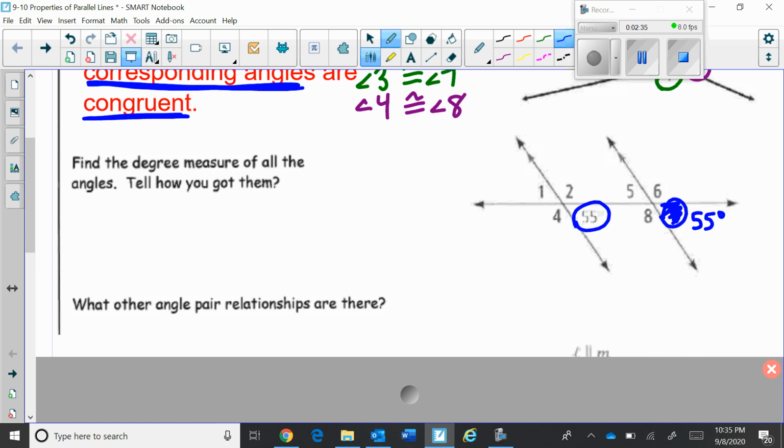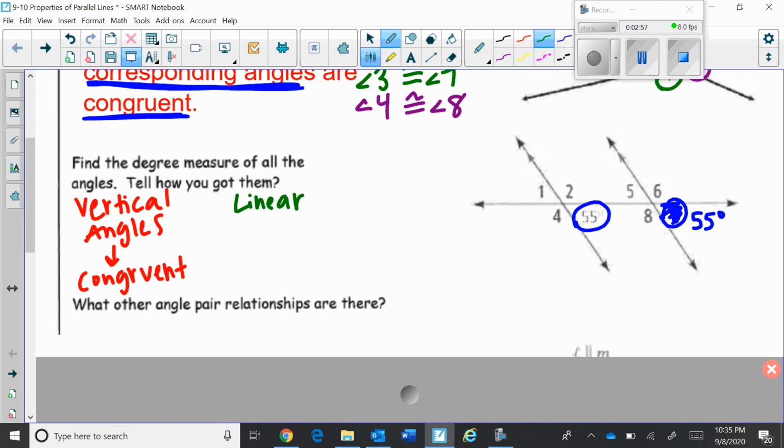Now we've got to figure out the rest of these without knowing any other properties. The way we are going to figure this out is to use our knowledge about vertical angles. Vertical angles are congruent. And we're going to use our knowledge of linear pairs.